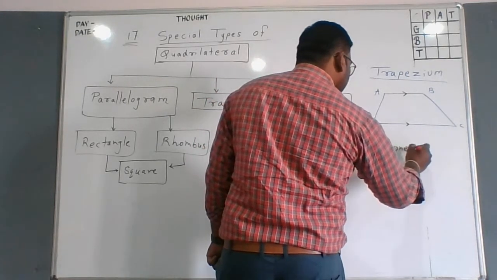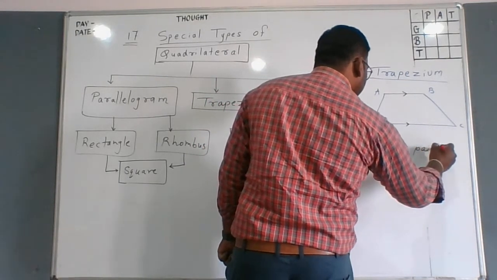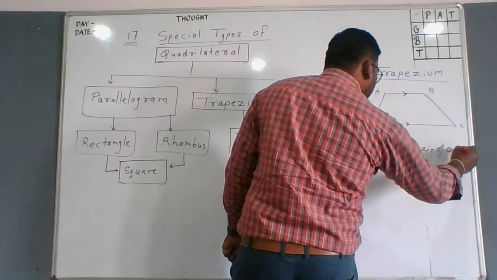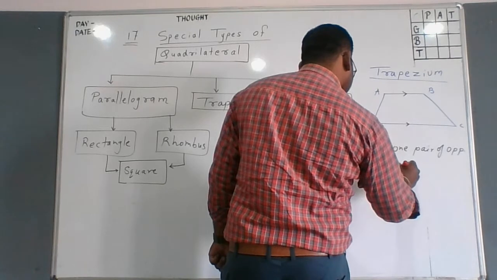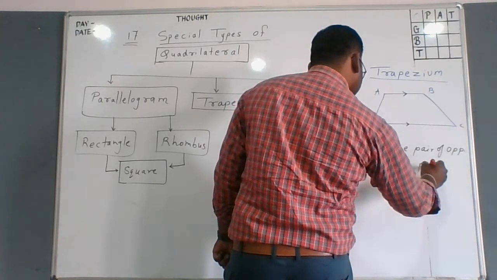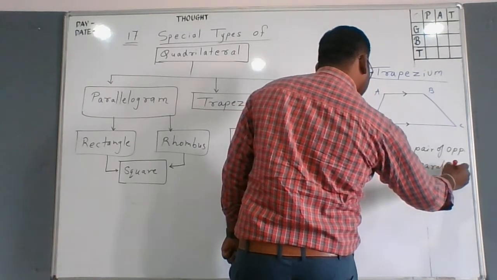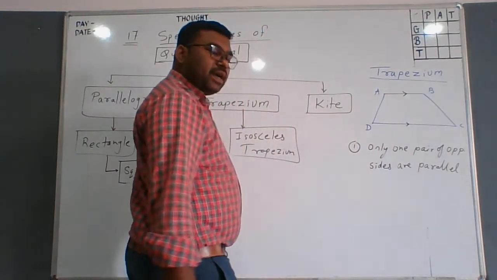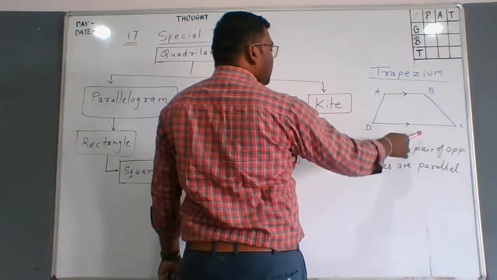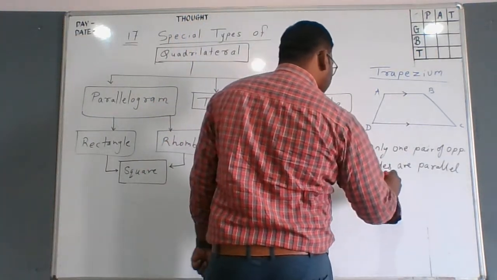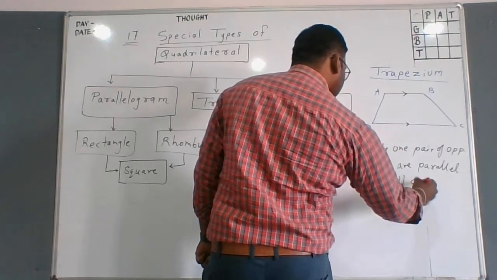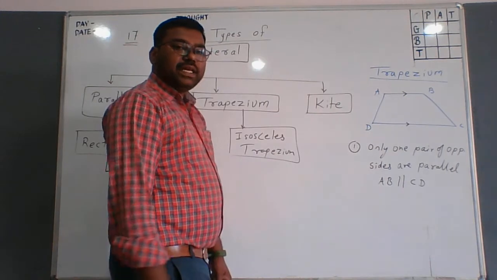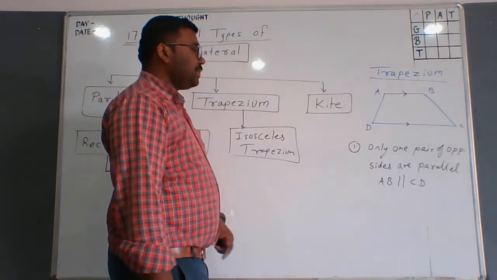Only one pair of opposite sides are parallel. In our diagram, AB and CD are parallel. Okay, AB and CD are parallel to each other.